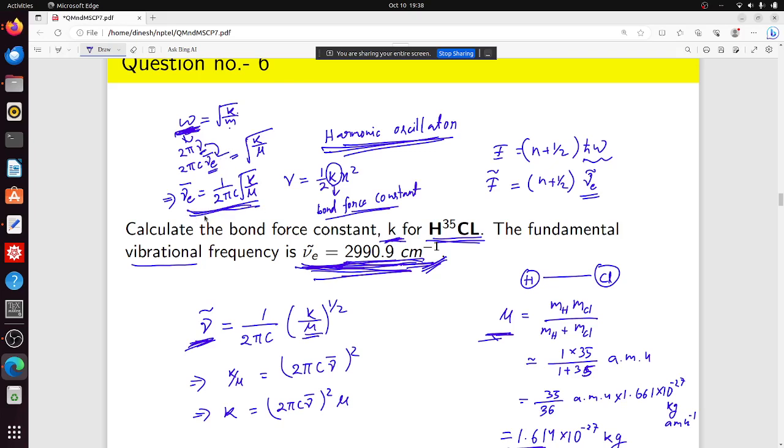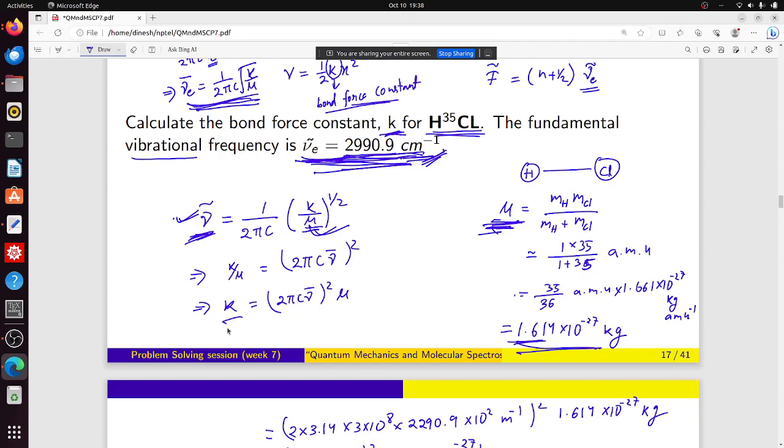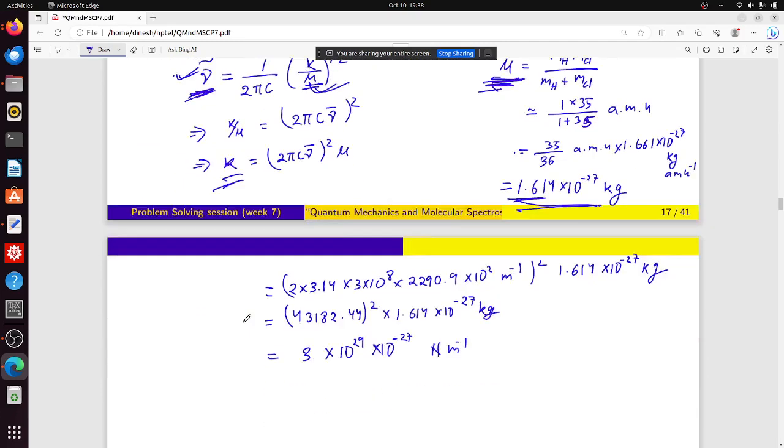So from this we got this relation. As the molecule is given, we can always calculate its reduced mass to be this much. Now we have the value of mu, we know this nu bar, then we can easily calculate the force constant.